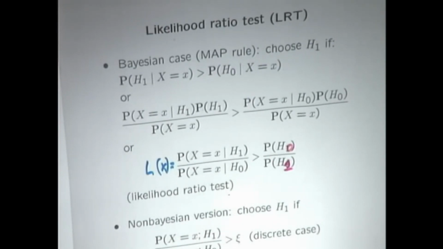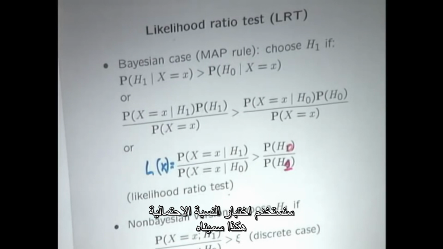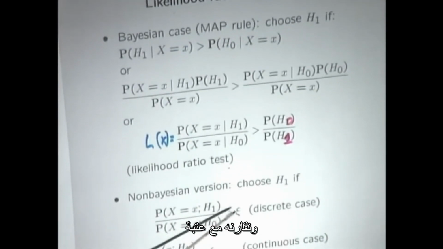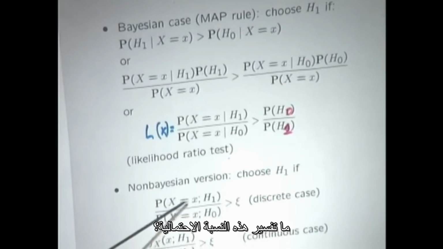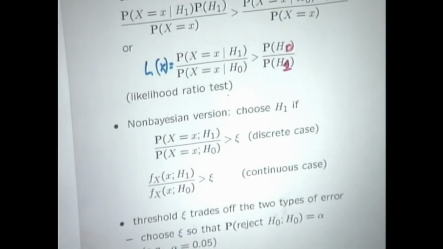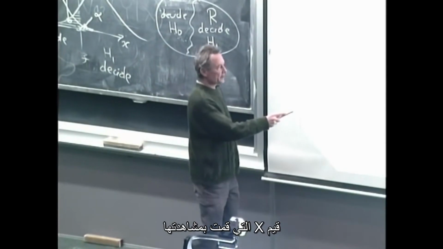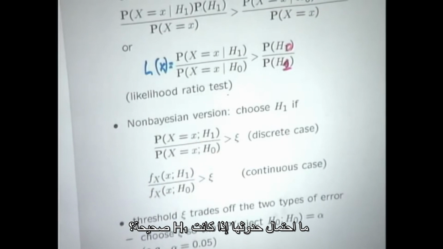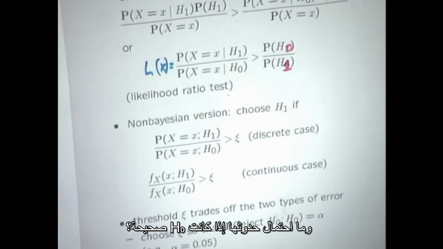So we're going to use a likelihood ratio test, that's how it's called, in which we calculate a quantity of this kind that we call the likelihood ratio and compare it with a threshold. So what's the interpretation of these likelihoods? For the x's that I have observed, how likely were they to occur if H1 was true, and how likely were they to occur if H0 was true?